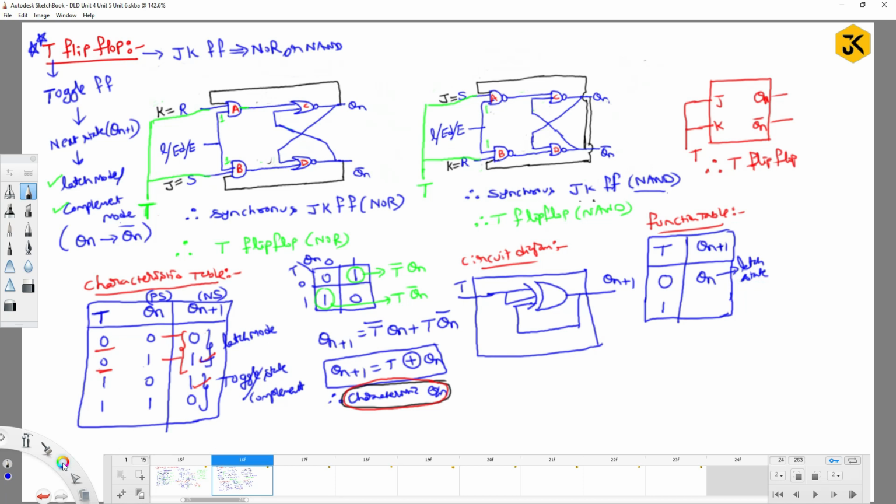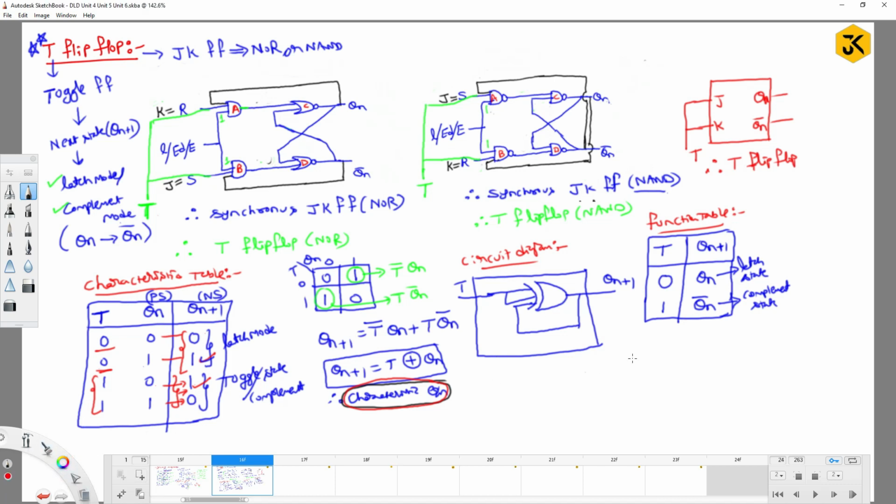Similarly, if I have T value as 1, how is Qn plus 1 behaving? Simply complementing, 0 as 1, 1 as 0. So I can say it is Qn bar. We can call it the complement state, or the toggle state, guys. This is the function table.